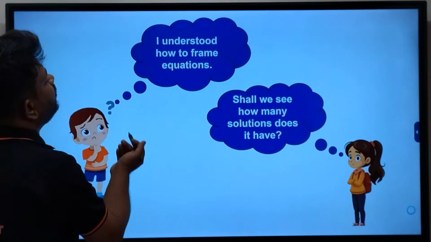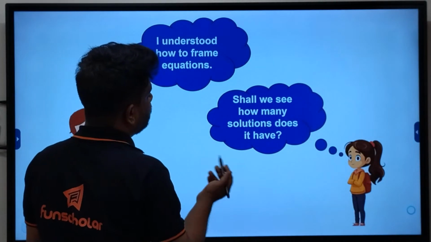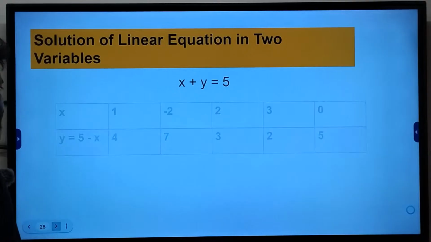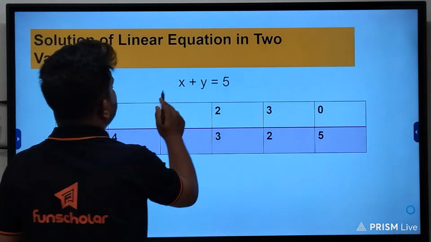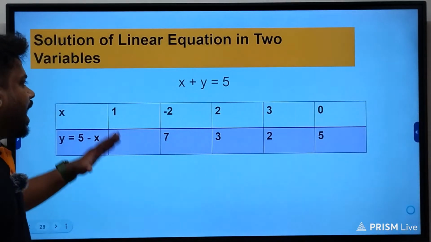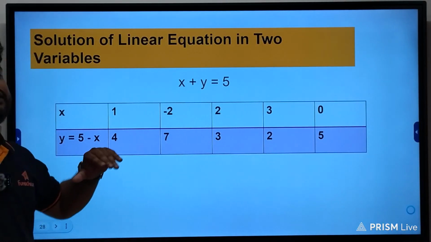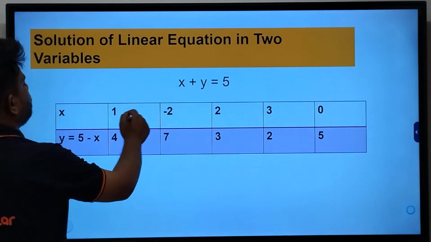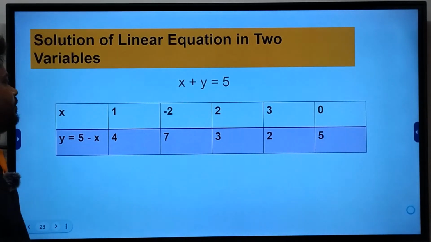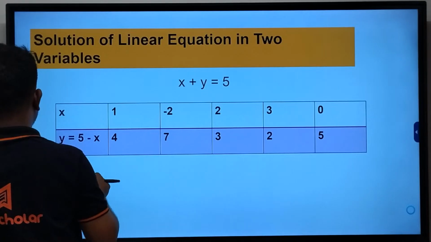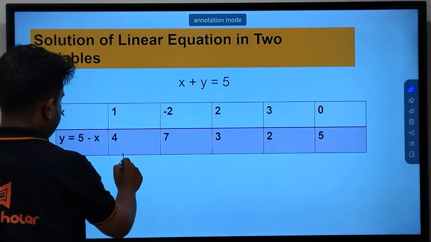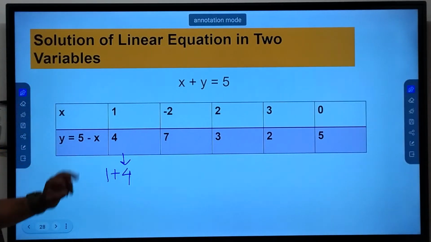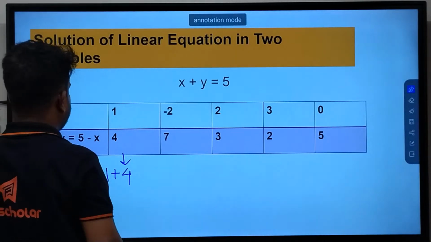So I understood how to frame equations. Shall we see how many solutions it has? Solutions of a linear equation in two variables. If I tell you that x plus y equals 5 and ask how many solutions it has, like if I think that x is 1, then the value of y will be 4, because 1 plus 4 equals 5.